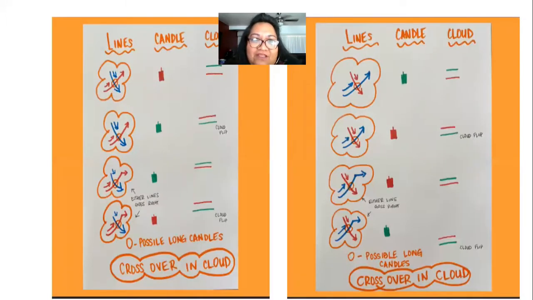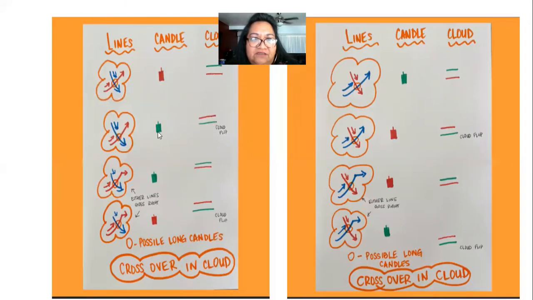So right here we have when it crosses over in the cloud. When it crosses over in the cloud, everything that happens in the cloud is just a reversal from what's outside of the cloud, okay? But the only thing is you gotta watch because the cloud flips and it does make a difference, okay? So the blue is above red all over here in the cloud. Y'all could see it, the cloud green goes to the right here.